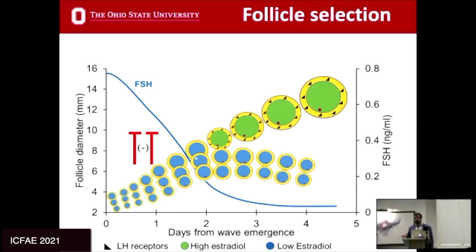And that's fairly consistent. The other thing that has been extensively researched is that diameter deviation coincides with FSH reaching its nadir concentration, which, as I will talk about more later on, is a critical component of preventing the selection of additional follicles. So as you can see, a great deal has been learned about this process by studying just normal single ovulating cattle.